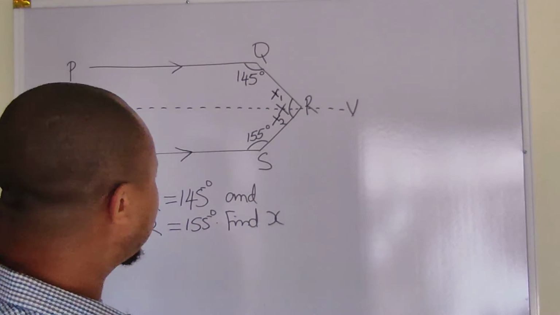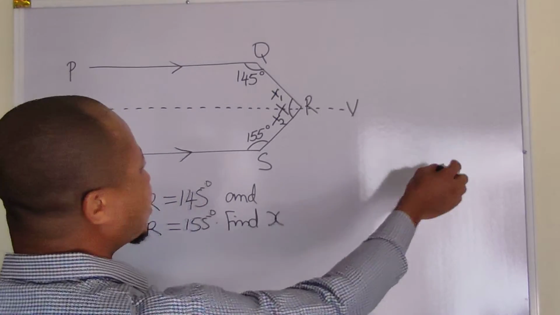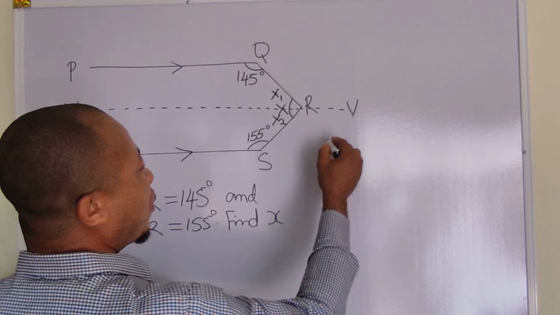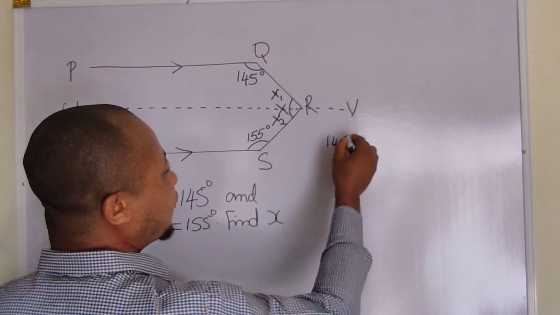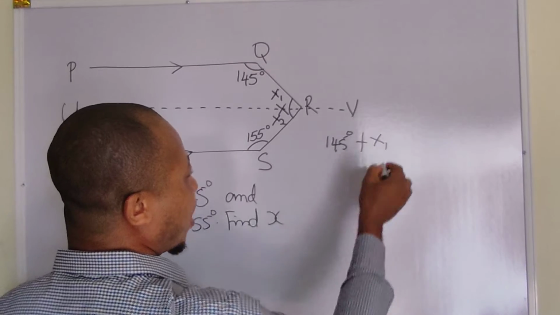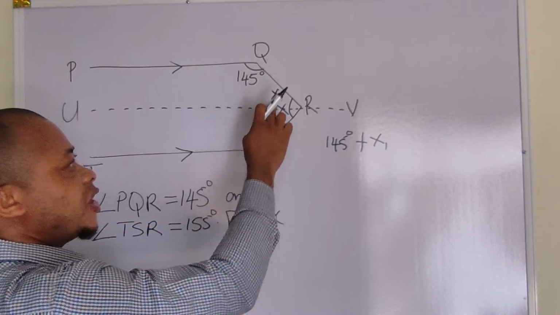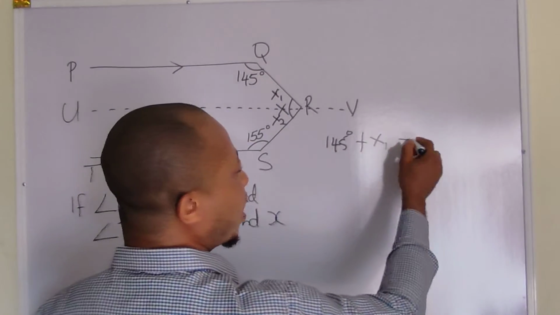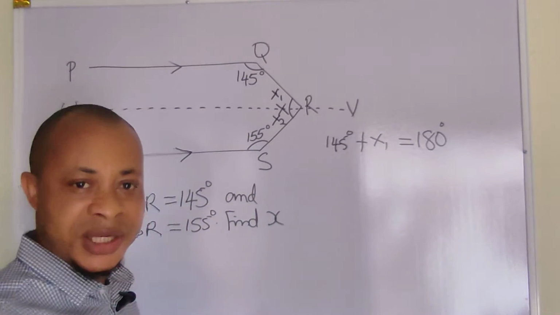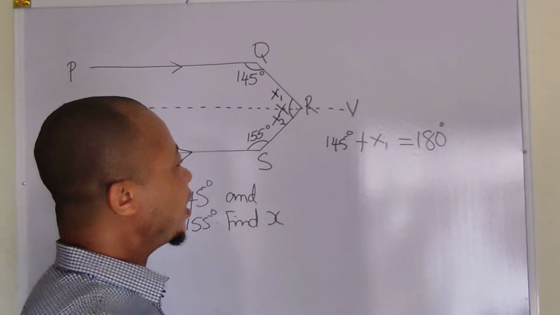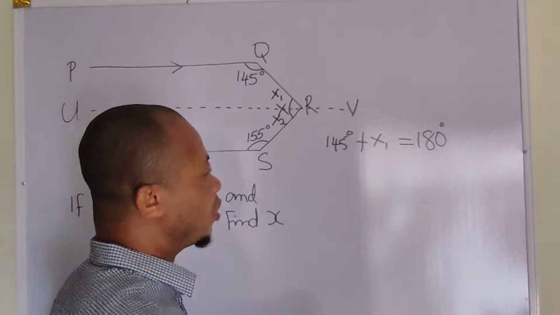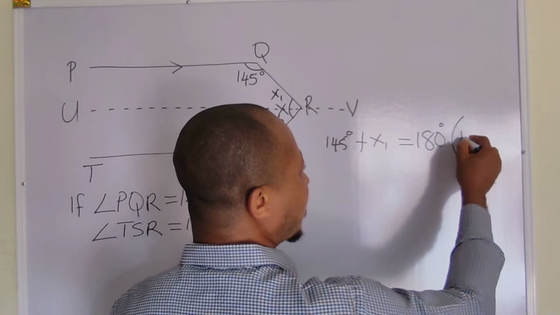So from this diagram, we know that 145 degrees plus x1 equals 180 degrees. You give your reason. The reason is that the two of them are interior opposite angles.